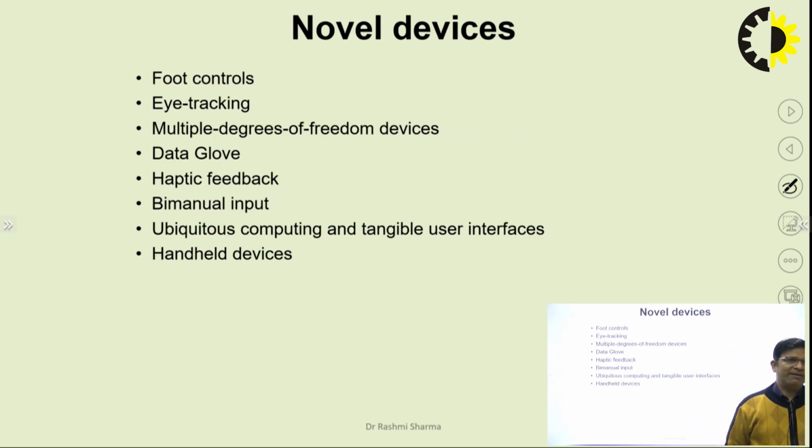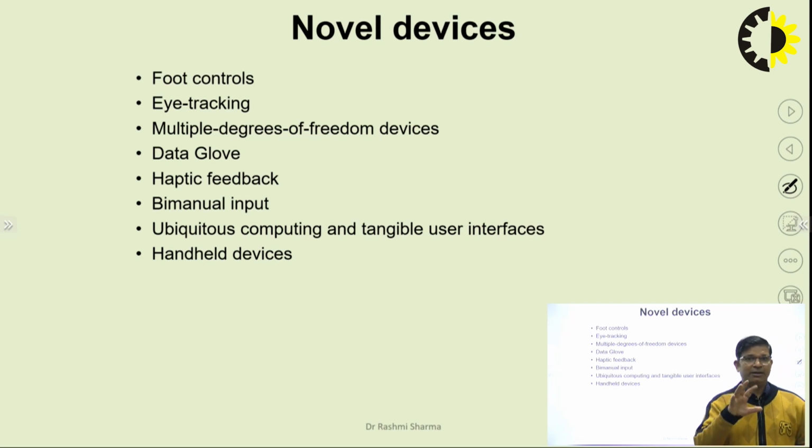Novel devices. These are some novel devices, like foot control, which we would use if we were asked to design novel devices to operate computers or to operate some robot. There are lots of applications where we can control the mouse or the pointer with our eye, foot control, multiple degree of freedom devices, and data gloves.